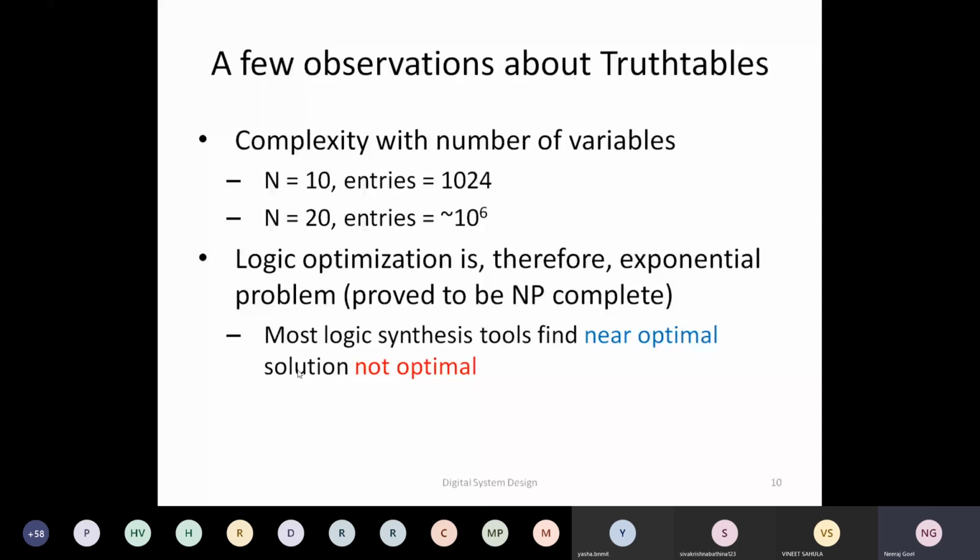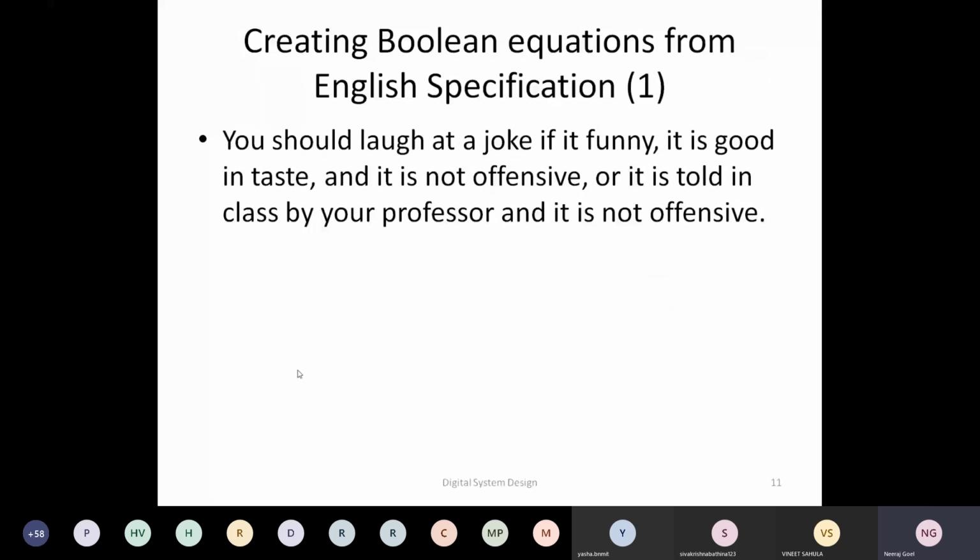Okay, so the next question which we asked earlier is how to create this input specification, either a truth table or a Boolean expression. So we'll take an example where some English specification is given. Let's say this is the English specification: you should laugh at a joke if it is funny, if it is good in taste, and it is not offensive, or it is told in your class by a professor and it is not offensive.